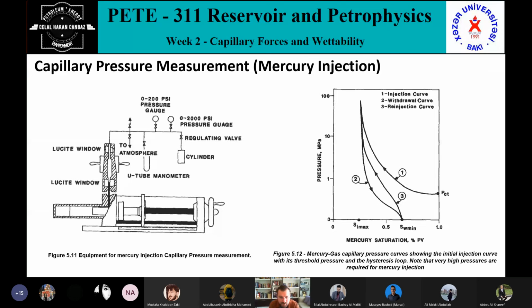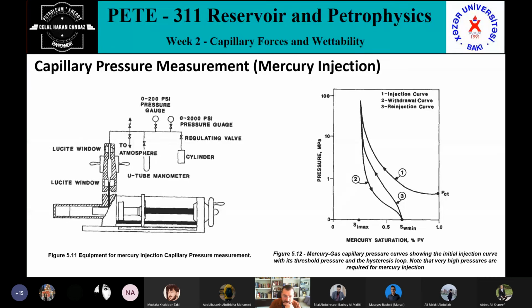The second one, as all of you know, is that mercury vapor is toxic, so strict safety precautions need to be taken. Not every laboratory can safely do this. In the field site, for example, if you have well site PVT tools, it will not be easy to use this tool. They mostly choose the porous plate. It creates some tricky points, so most of the time they are not using this.